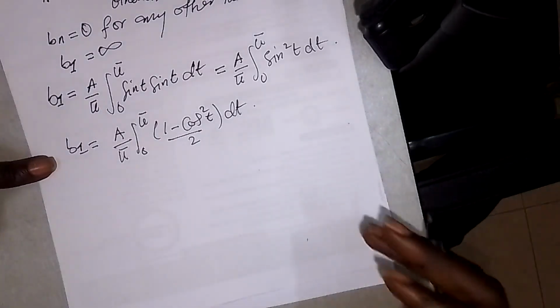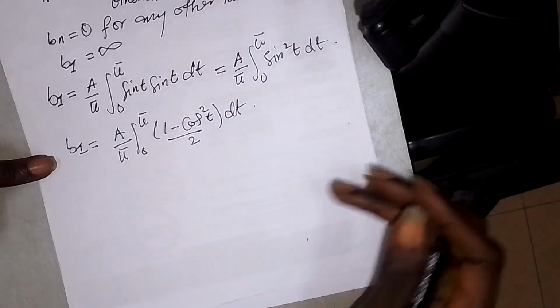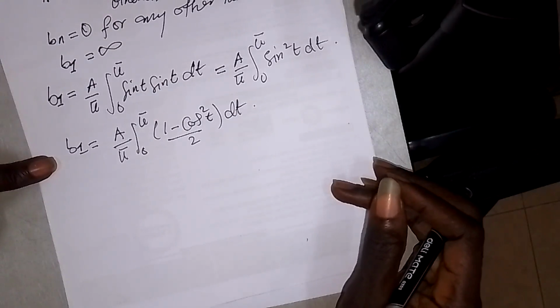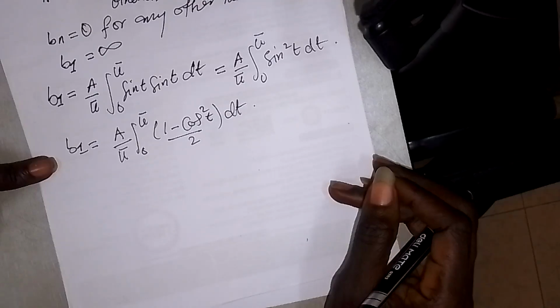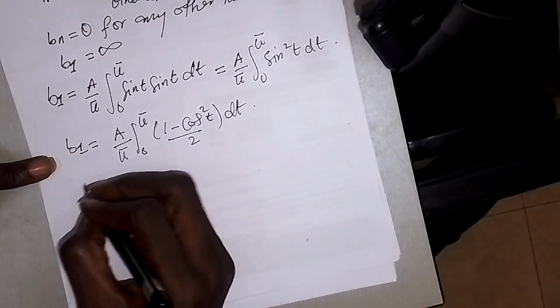So sine squared t, if you expand it in terms of trigonometry, this is what you're going to have. So now what we can say from here is that we can have the 2 come outside.